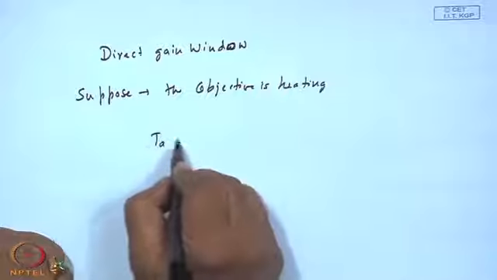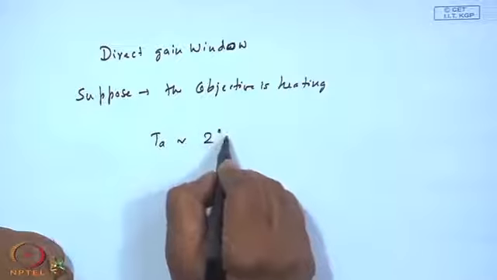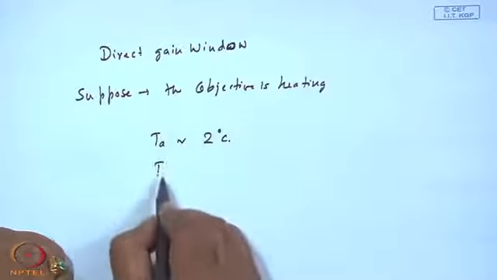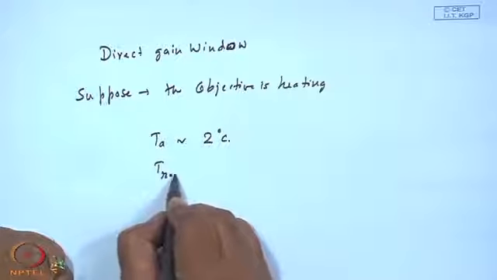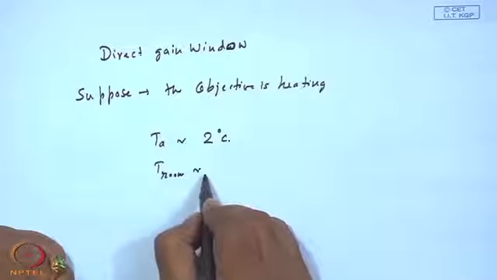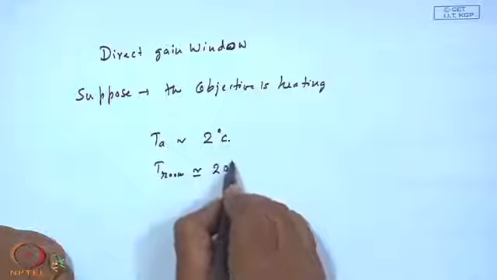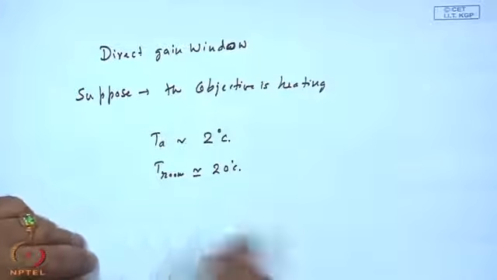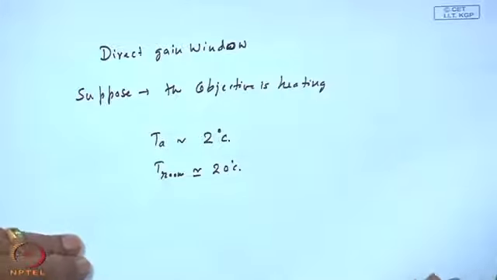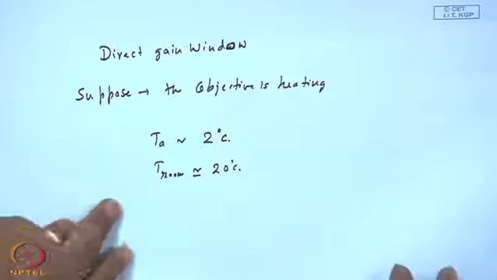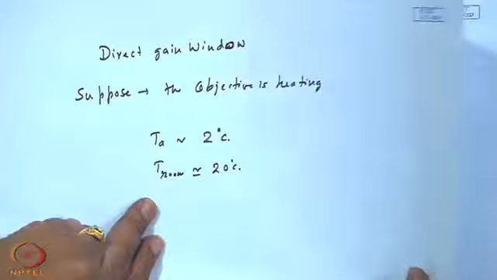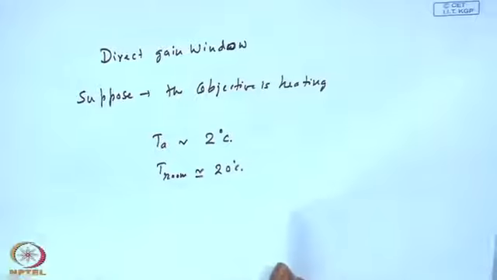Your T_a may be 2 degrees C and you obviously want T_room to be approximately, let us say, 20 degrees C, right. So, you have got to let the sun enter to heat the room up to 20 degrees C through a direct gain window.